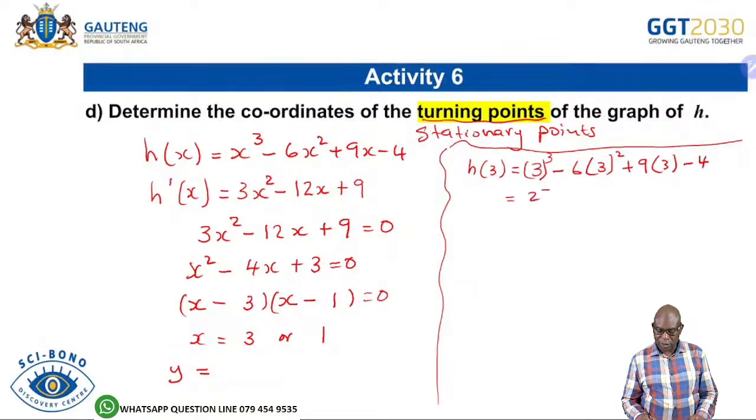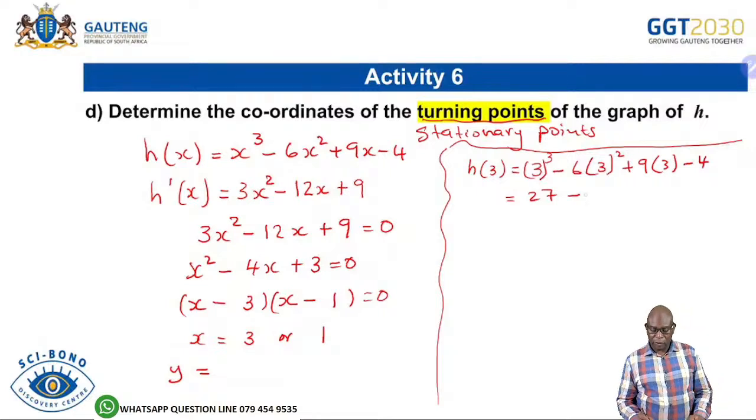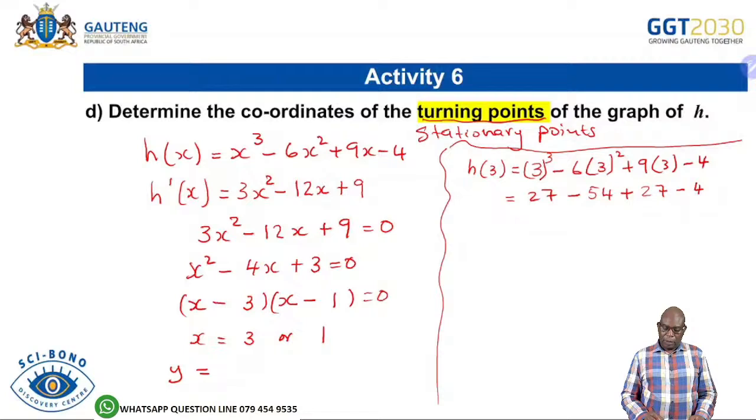So I'll have 27 minus, 3 squared is 9, so there will be 54. Then we'll have plus 27 minus 4. So 27 plus 27 is 54, 54 minus 54 is 0, so my value will be negative 4. So the y value, if x is 3, will be negative 4. Right.